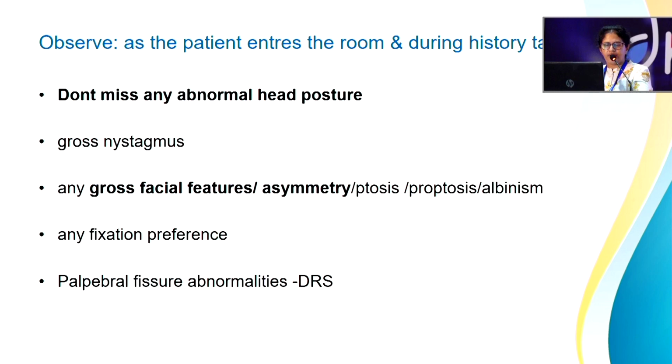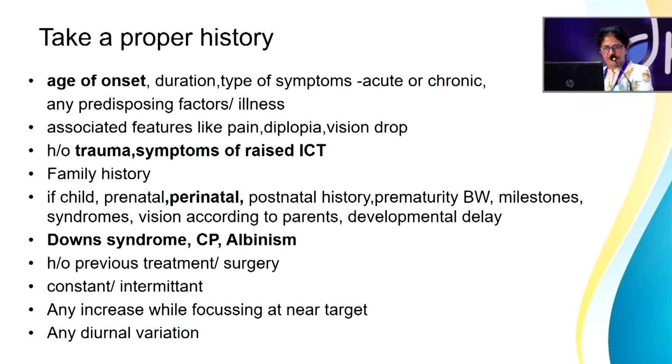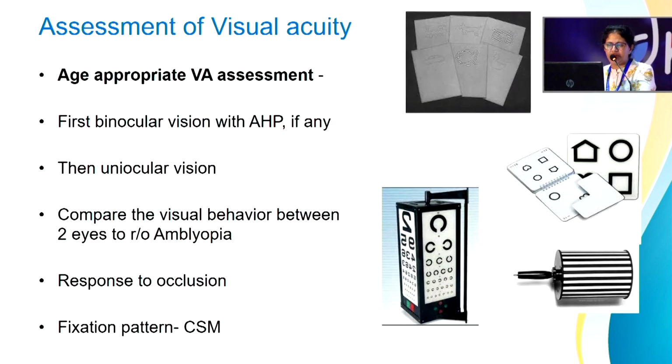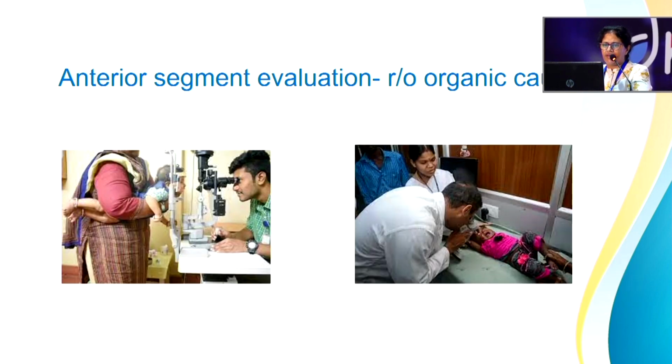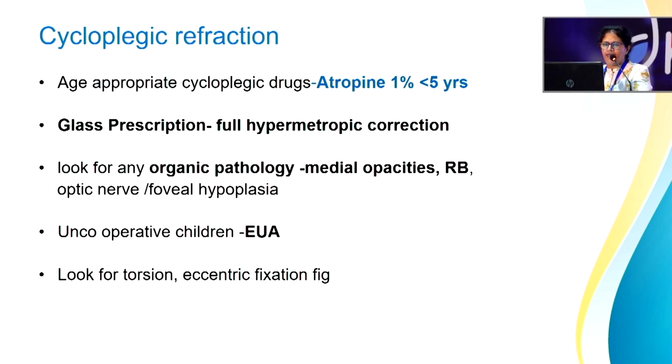First of all, observe the patient and don't miss any abnormal head posture. Take a proper history. Examination of the eyes includes age-appropriate visual acuity assessment, anterior segment evaluation to rule out any organic pathology, and age-appropriate cycloplegic refraction and full hypermetropic correction with glasses.